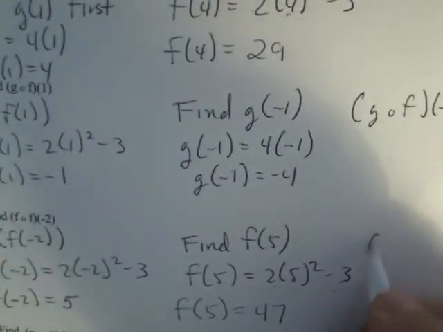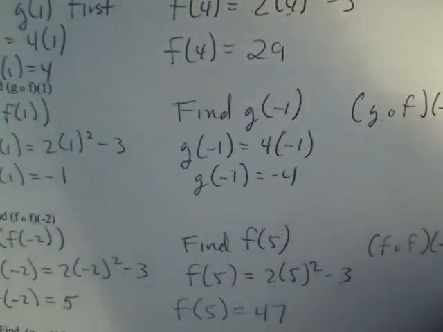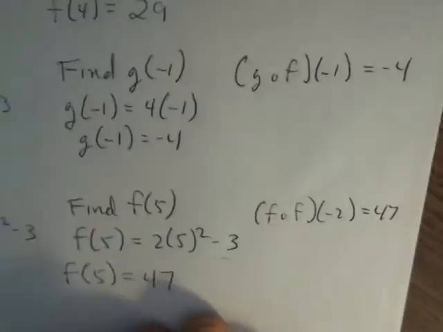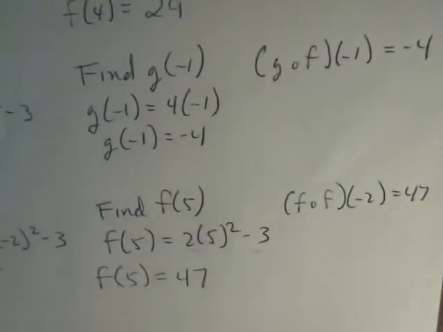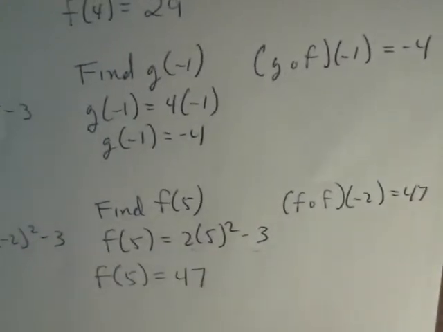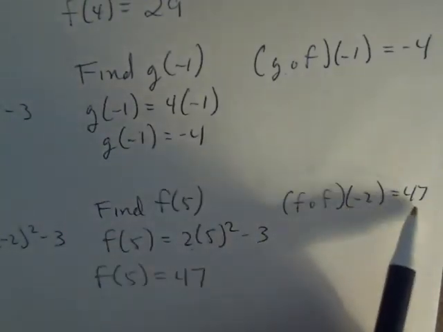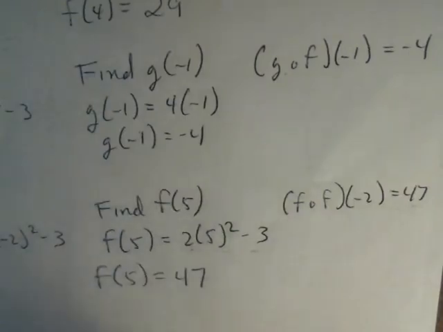So I know that f composed with f of negative 2 is 47. Just keep in mind which function to evaluate first, and you're only getting one number as your final answer. Okay, so that is my final answer.